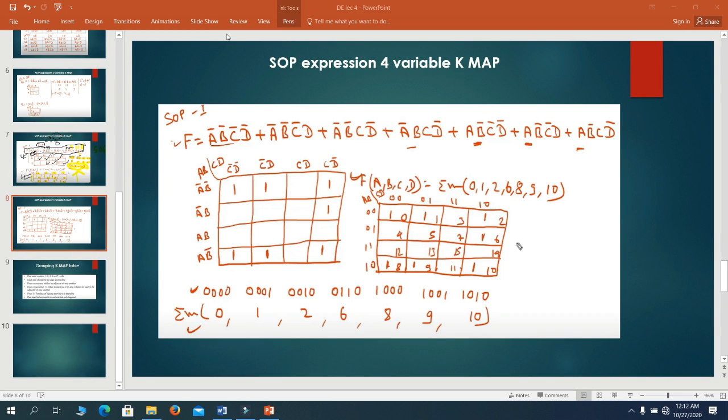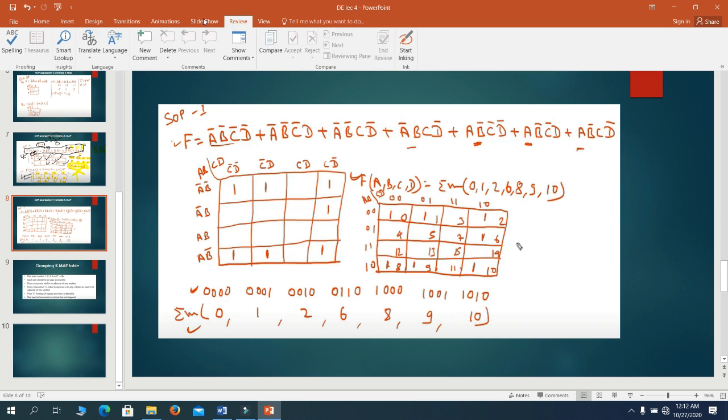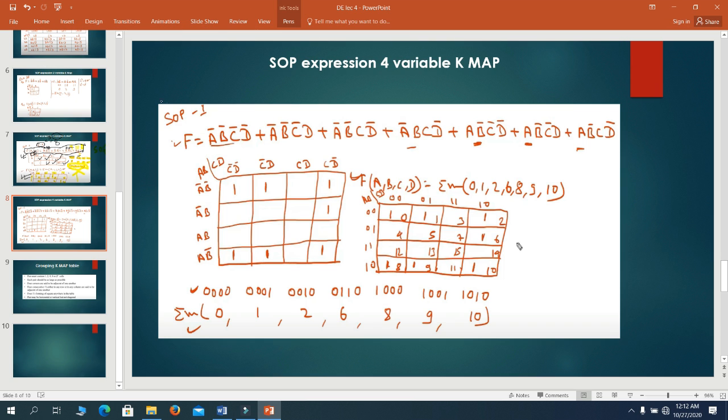Now let's try to find out how we can find the SOP expression for a 4-variable Karnaugh map. And the question goes like this: we are given a function like this one, f equals A bar B bar C bar D bar, and so on, and as you can see there are several terms, to be exact 1, 2, 3, 4, 5, 6, 7 terms in total.